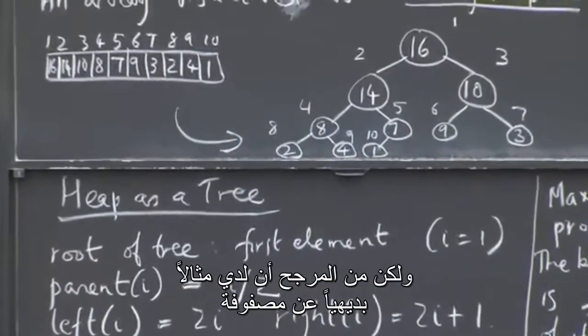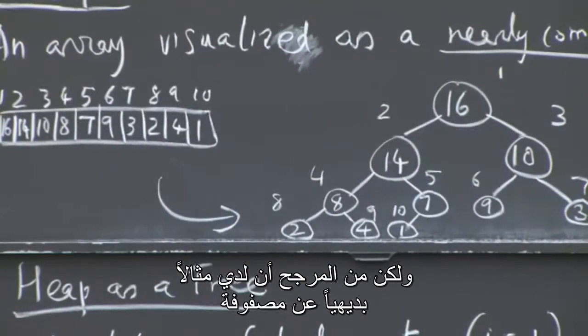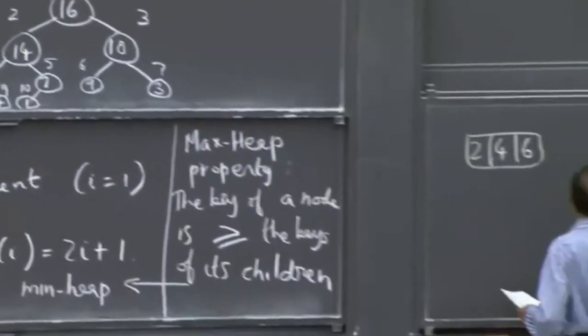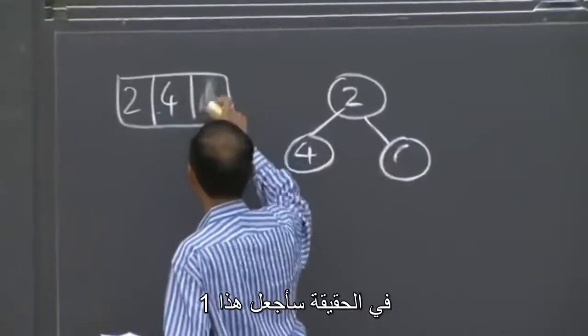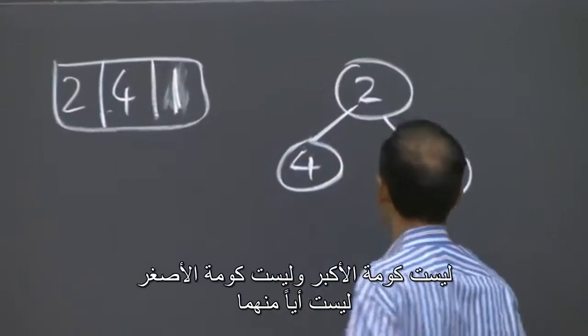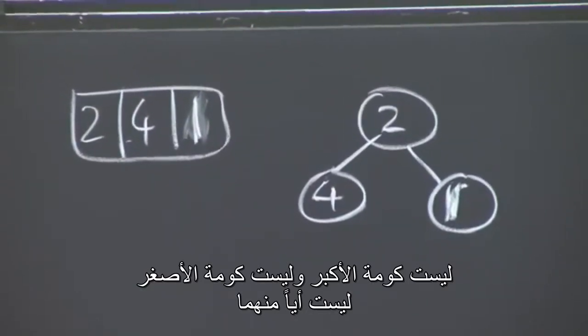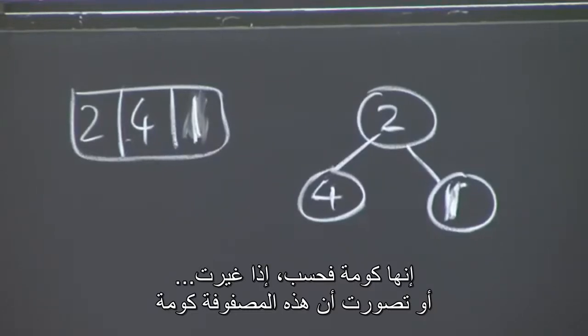But it's quite possible that I have a trivial example of an array, in fact, let me make this 1, that is not a max heap. It's not a max heap, it's not a min heap. It's neither. It's just a heap.